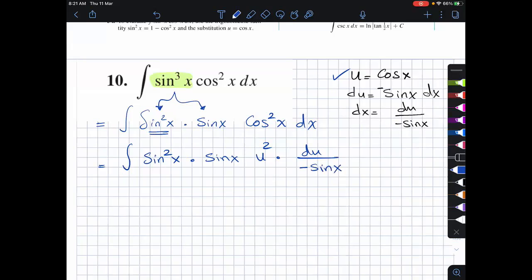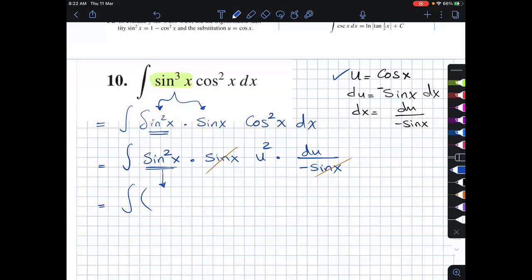Cross out sine x with sine x. Then you have the integral of sine squared x. Write its relevant identity, in terms of cosine.